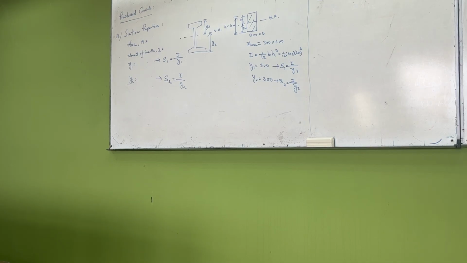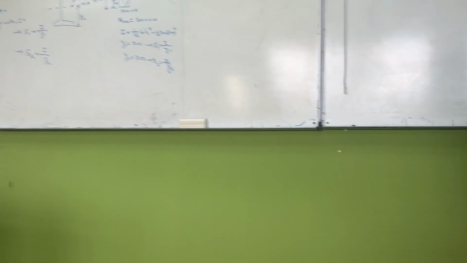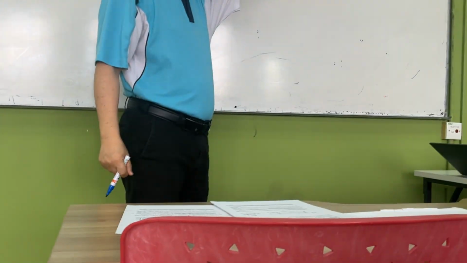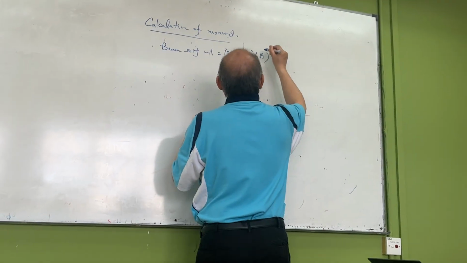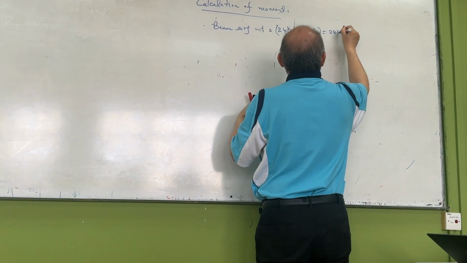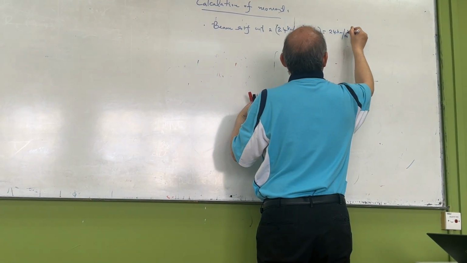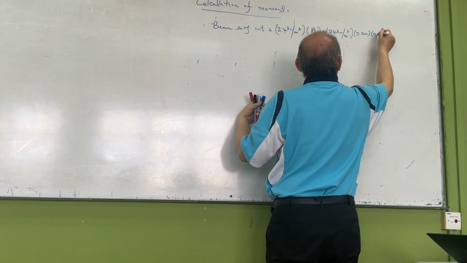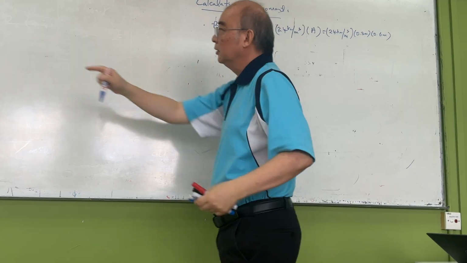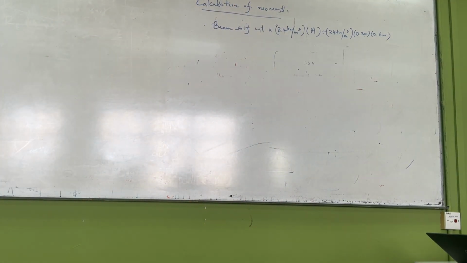Beam self-weight is 24 kilonewton per meter cubed multiplied by the area. This will give you kilonewton per meter. In this case, this will be 24 kilonewton per meter cubed multiplied by 0.3 meter and 0.6 meter.